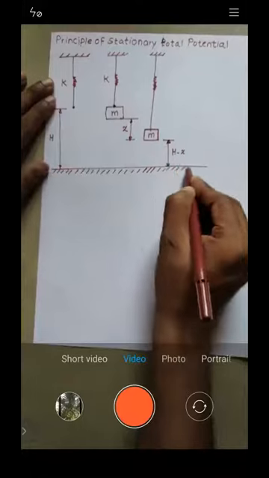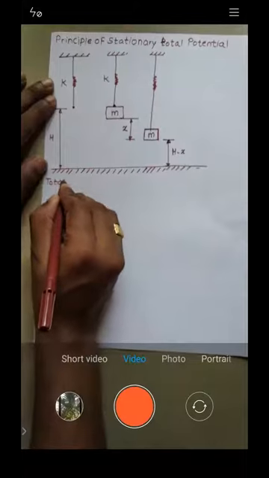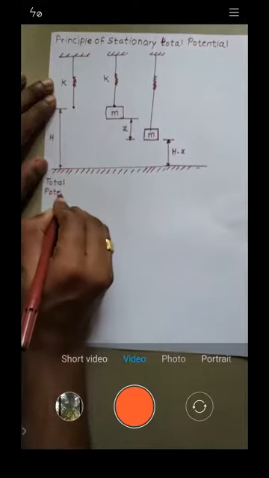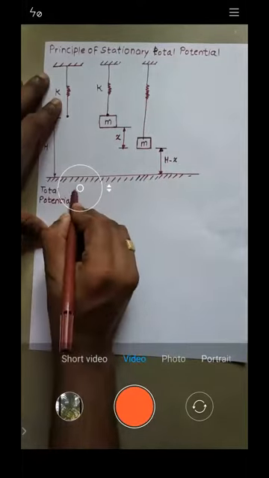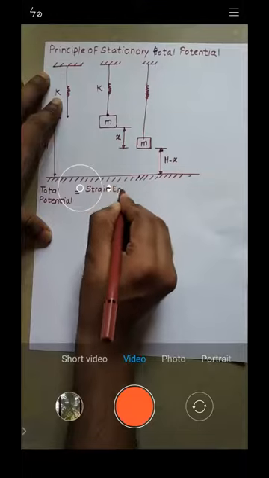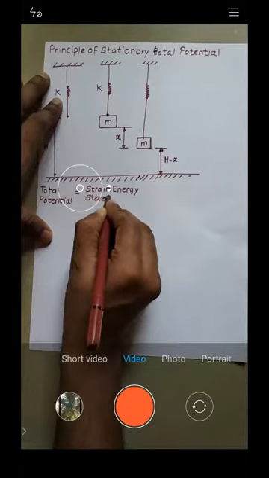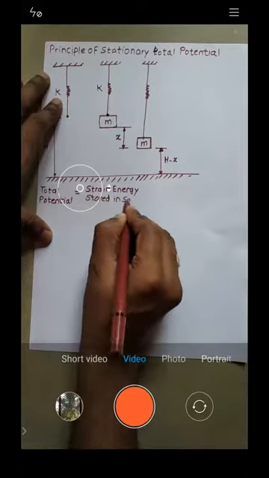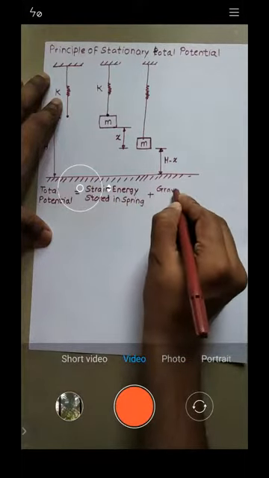Now see what the principle of stationary total potential says. If you need to calculate the total potential for this particular system, it is given by the addition of the strain energy stored in the spring plus the gravitational potential energy.